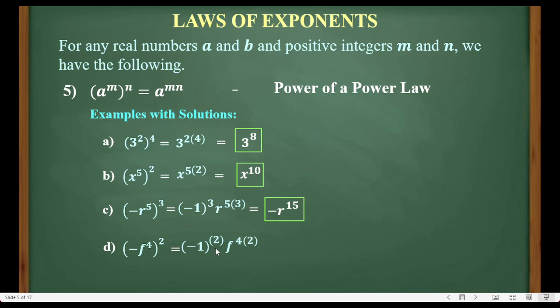Now, since we have f to the fourth squared, we simply multiply the inner and the outer exponent. Then, since the exponent of negative 1 is an even number, if we evaluate this, it will result in positive 1. So, positive 1 times this quantity is the quantity itself. So, f raised to 4 times 2, we all know that the product of these exponents is 8. So, the answer is f to the 8.